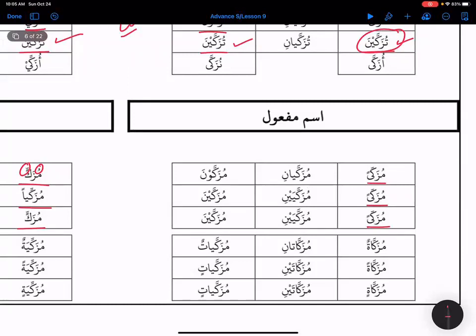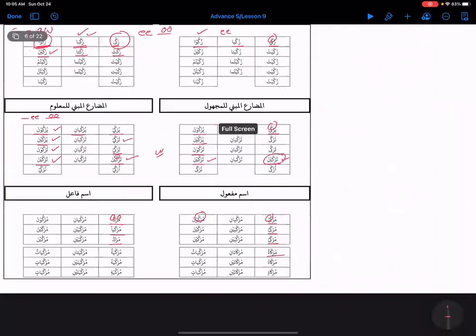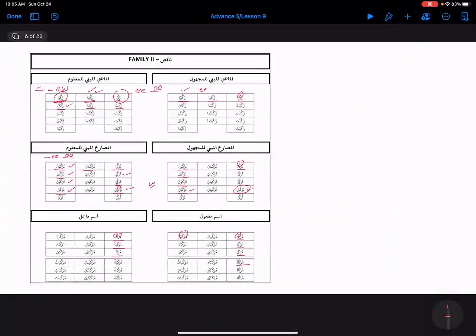Then muzakkayani, muzakkayaini, muzakkayaini, muzakkauna. Since it has a fatha, it is muzakkauna, muzakkaina, muzakkaina, then the feminine is muzakkatun. So inshallah that is making sense.